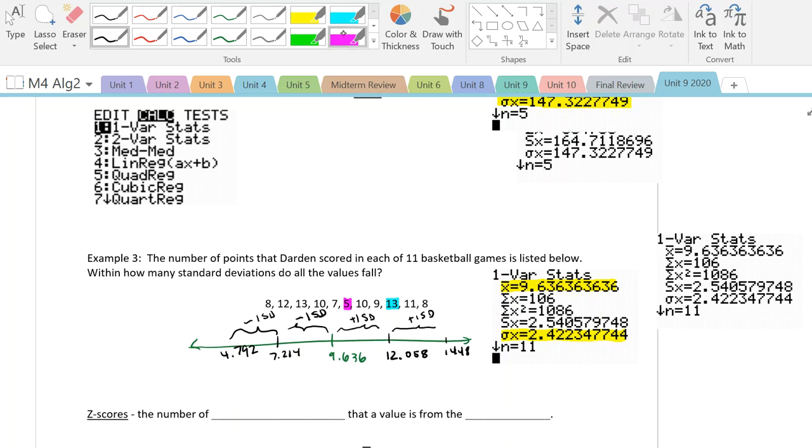Now his lowest score of 5 would be right here, and his highest score of 13 would be right around here. Okay, now the big debate. Within how many standard deviations do all the values fall? We would say within 2, because it's 2 above or 2 below. We don't need to say 4 because within 2 is talking about 2 either above or below.